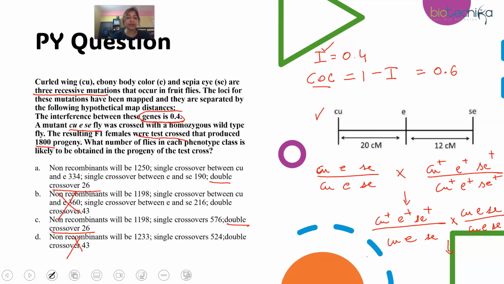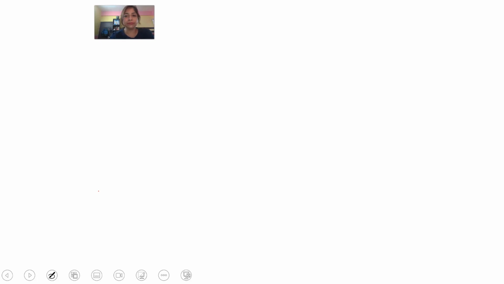So what else do we have to calculate? We have to calculate the single crossover products, right? Between each of them. So if we write down the recombination frequency, I'm drawing this map again, and this is 12 map units.